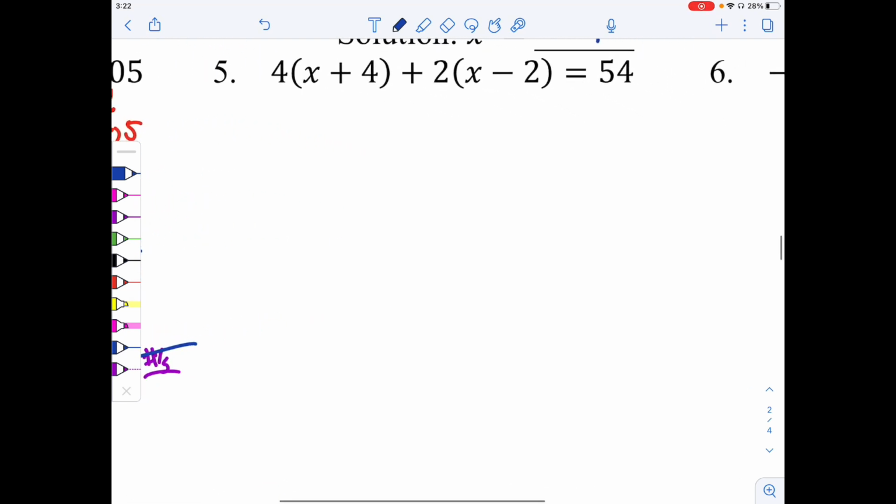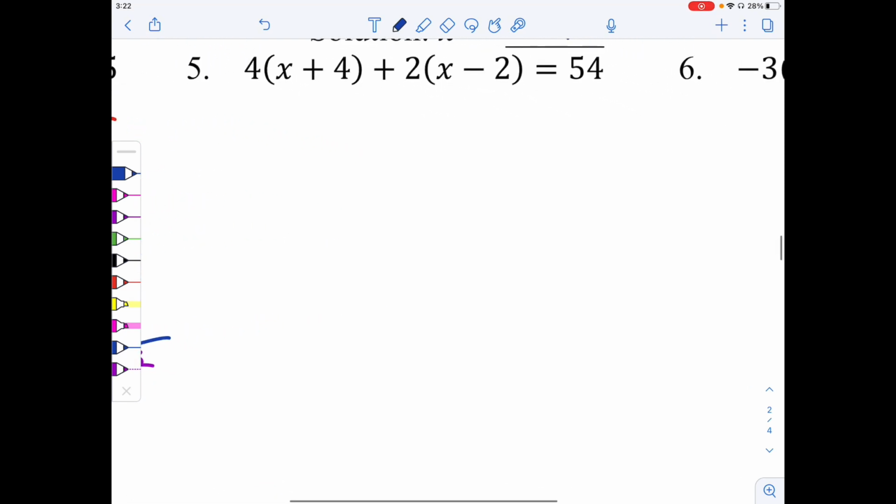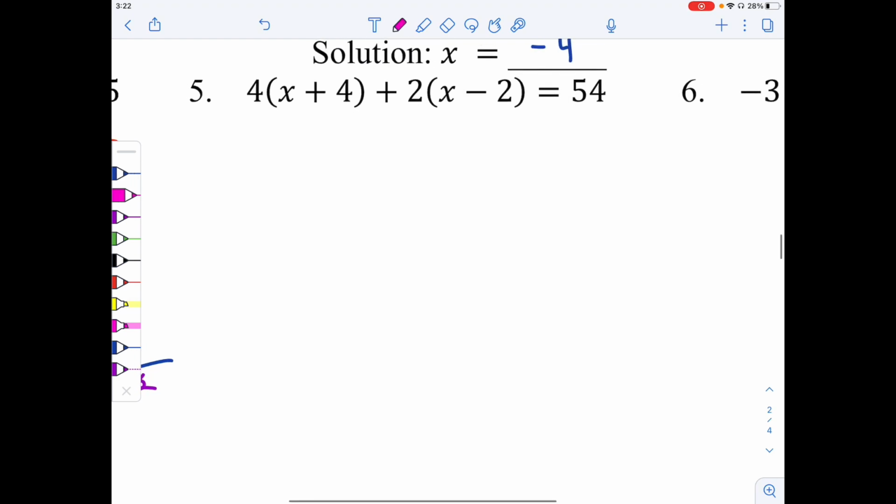Okay, next one. We're just going to distribute. Let's see if we can do it without writing them out and see what happens. So we got 4 times x. 4x. 4 times 4. Positive 16. Okay, that's that. Then we go to the next one. Remember, distributing positive 2, right? So positive 2 times x.